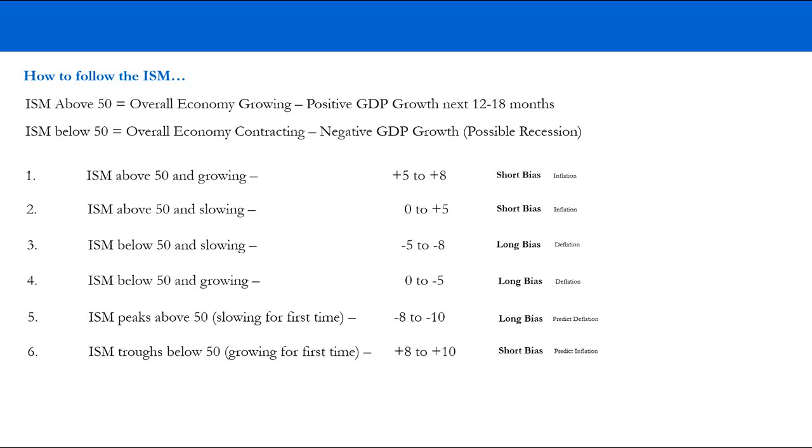So month on month, it might go from 51 to 51.5, 52, 52.5, 53, 54, and it might go up to the low 60s. And it might take 2 years to get there, 3 years to get there. Now, if the ISM peaks above 50, it means that it's got to the highest point and then it's gone lower, and going lower for the first time.